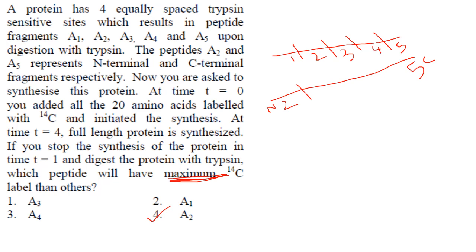Which peptide will have maximum C14 label? I told you that it will be A2 because it is at the N terminal end. Protein synthesis is from N terminus to C terminus. So naturally A2 will be having maximum C14 label than others. So answer will be option 4.